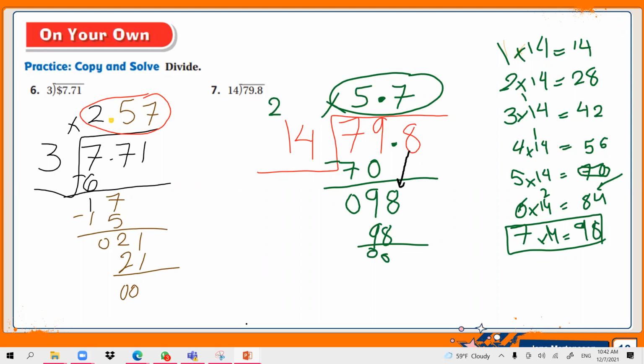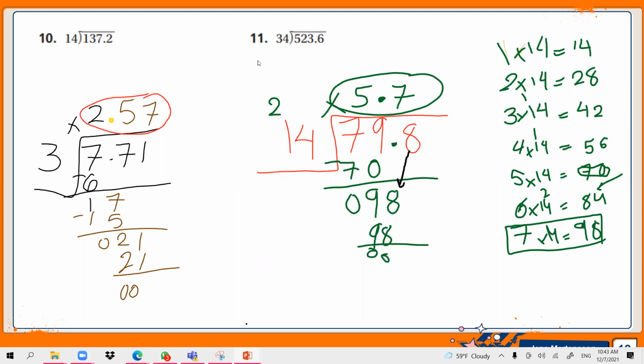Now see how Hala, sorry, Dina, solved the next one. And after it I will ask you to solve with me. Number 11 will be with you. Yes, Hala. Yes, Dina.